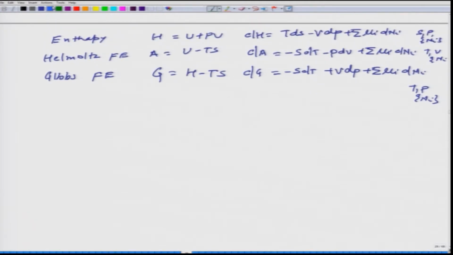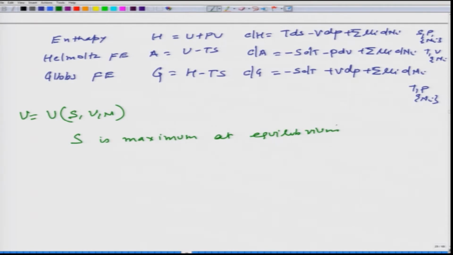So, let us go back to the case of S, V, n. Okay, and for such natural variables, U is a fundamental thermodynamic function for natural variables S, V, n. Okay. The consequence of the second law is that S is maximum at equilibrium for given U, V, n.